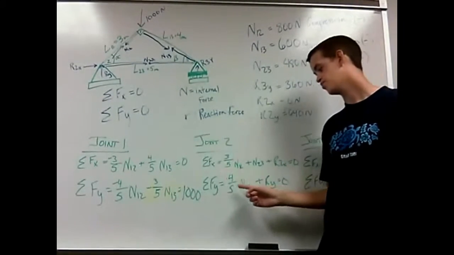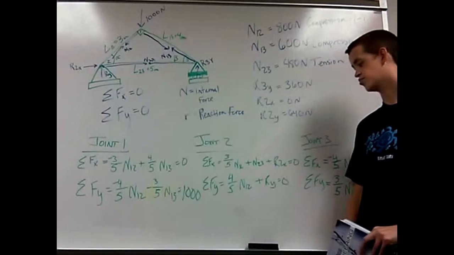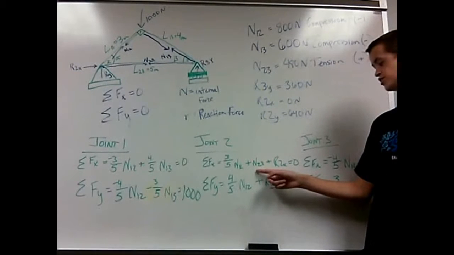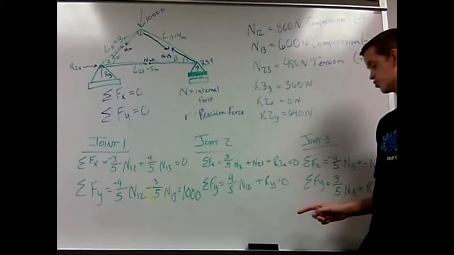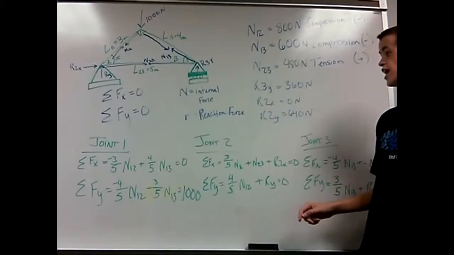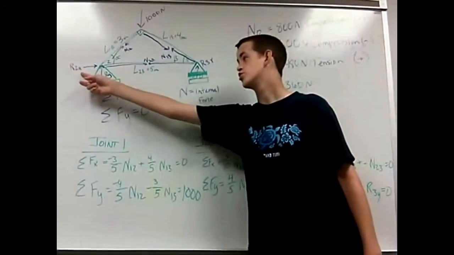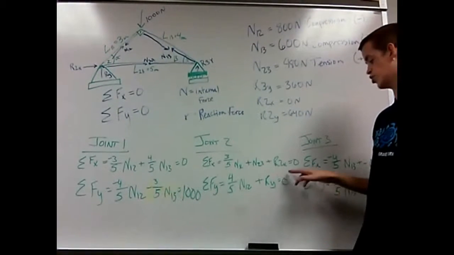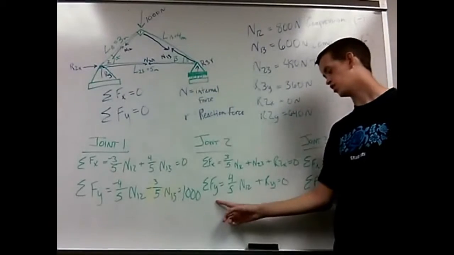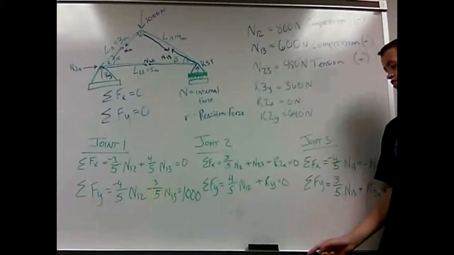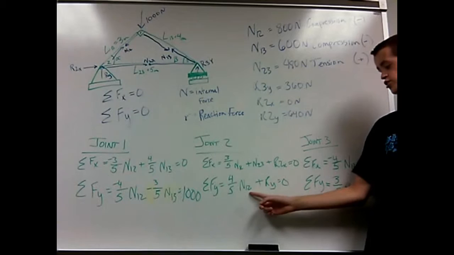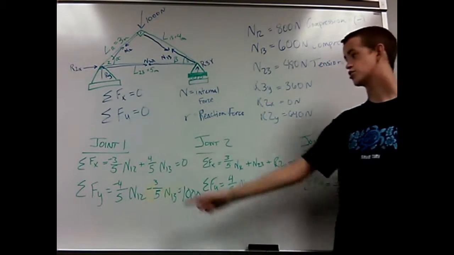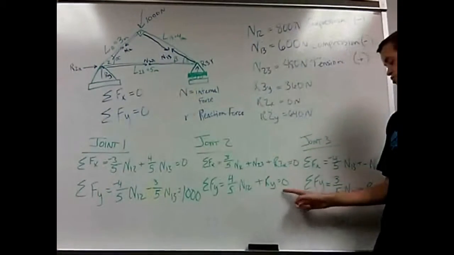Also, for joint 2, we have 3/5 times the internal force between joint 1 and 2 plus the internal force between joint 2 and 3 plus the reaction force number 2 in the x direction equals 0. So that joint should not be moving. Also in the y direction, we have 4/5 times the internal force between joint 1 and 2 plus the reaction force number 2 in the y direction equals 0.